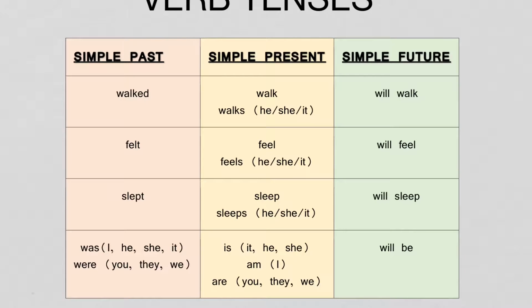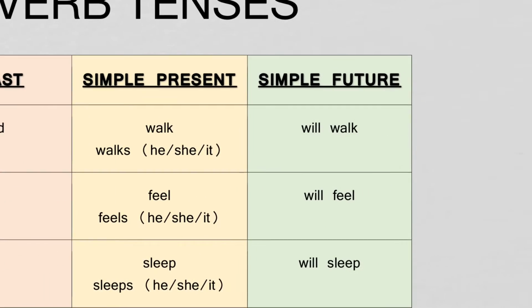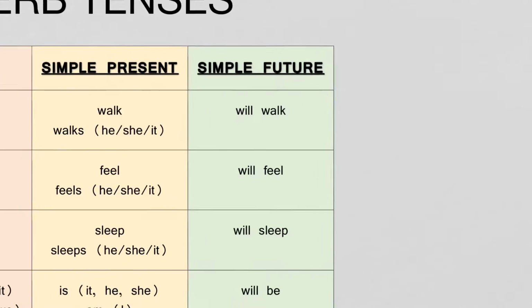And if anybody already knows something about different verb tenses, you'll know that there are way more than three tenses in the English language. But for our purposes, we're just looking at these three tenses. And they are the simple past tense, the simple present tense, and the simple future tense.